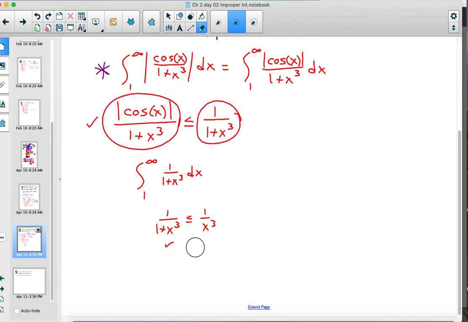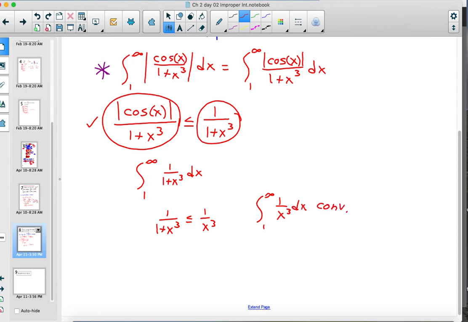But wait a minute, the second fraction, we know the integral from 1 to infinity of 1 over x cubed converges because that's the 1 over x to the p, and p is greater than 1. So if this one converges, so does this one, which is smaller than it, by the comparison test.